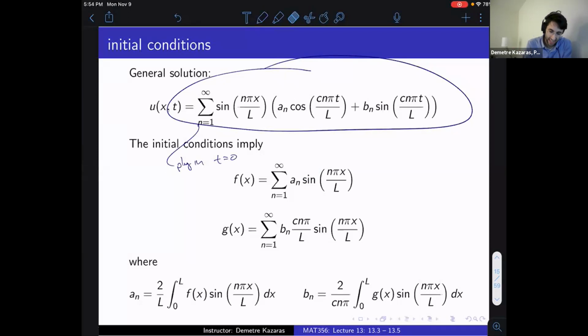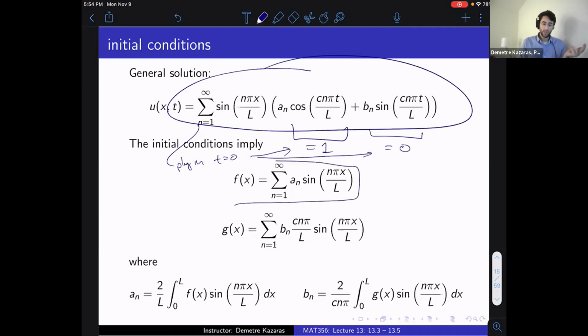This was correct. So if you plug in t equals 0, then all the cosine stuff is just equal to 1, and then all the sine stuff is just equal to 0. That's what happens when t is equal to 0. And so you just look at the x stuff, and the x stuff is just sine of n pi x over L. So this is what you get when you plug in 0 for t. You just get a_n sine n pi x over L.